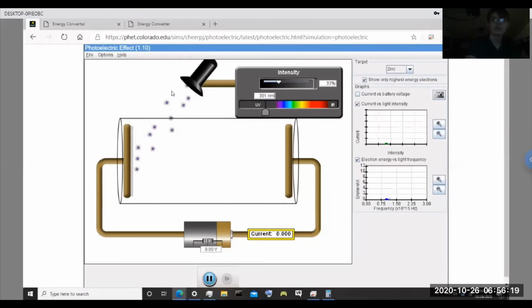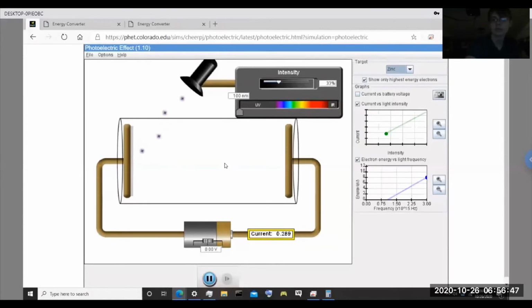As you can see, it's at a relatively low intensity, but it's still not ejecting anything because it's at 301. So I change this to 30, for example. Or 100, I guess. See?